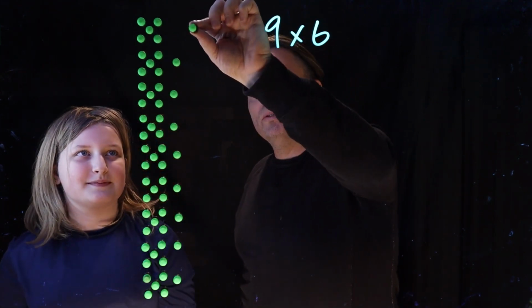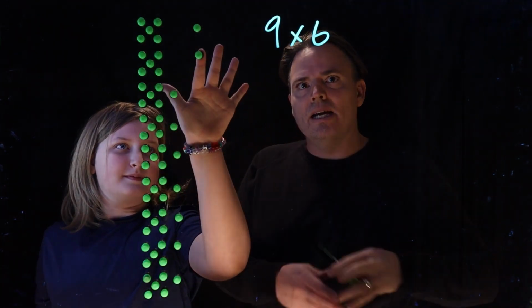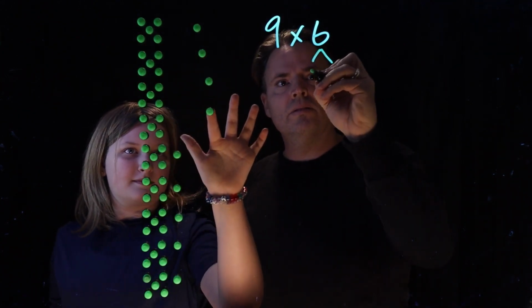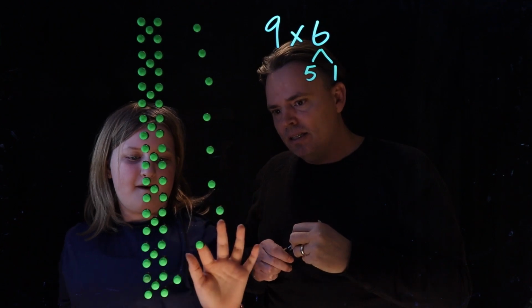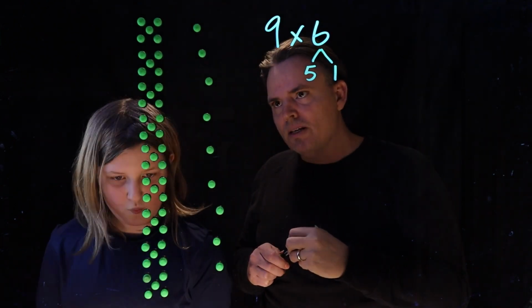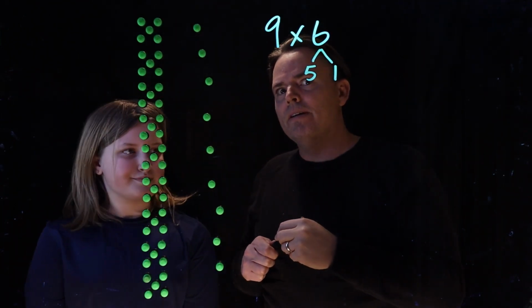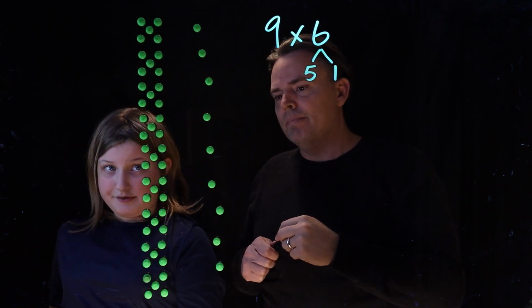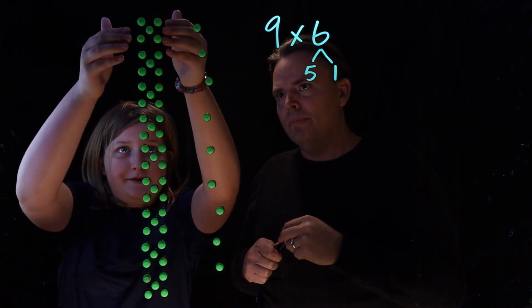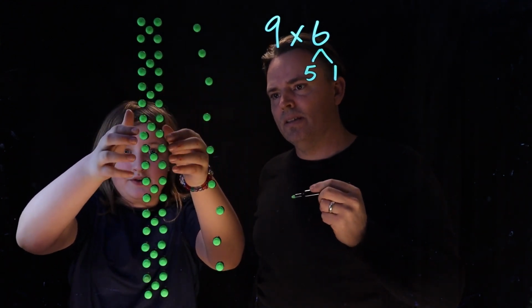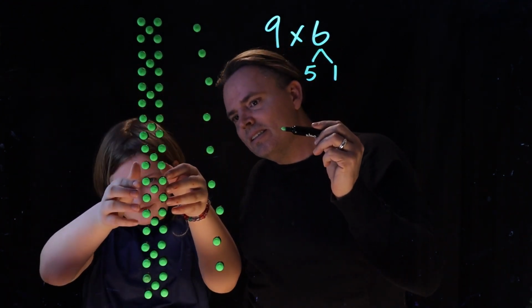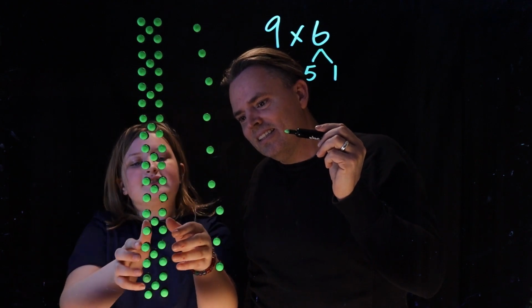Okay, so we're going to split that 6 into 5 and 1. Nice. And so where are the 9 groups of 5? This is 1 5, 2 5s, 3 5s, 4 5s, 5 5s, 6 5s, 7, 8, 9.